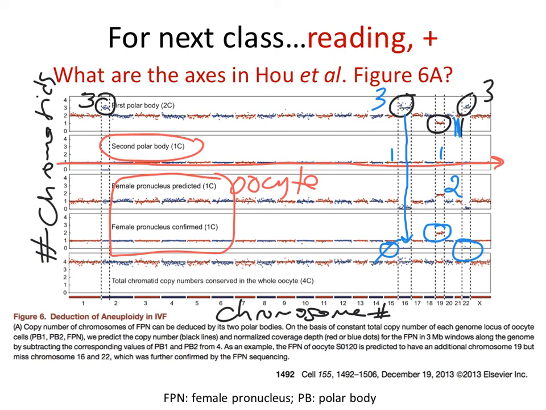If you look in the primary polar body and the secondary polar body, if every chromosome sums to 3 copies in those 2 cells, what do you infer about the oocyte? It has to have the 4th version, the 1 copy, the last remaining one that's been uncounted so far.